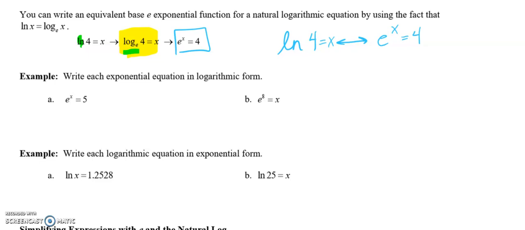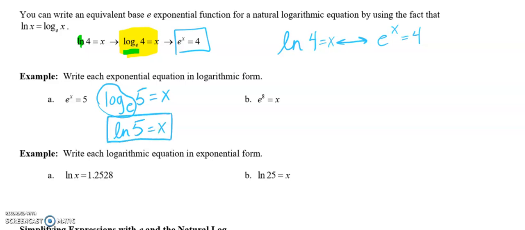So here we have e to the x equals 5, and we want to write that in logarithmic form. So that would be log base e of 5 equals x. But instead of writing log base e, we now write natural log of 5 equal to x.